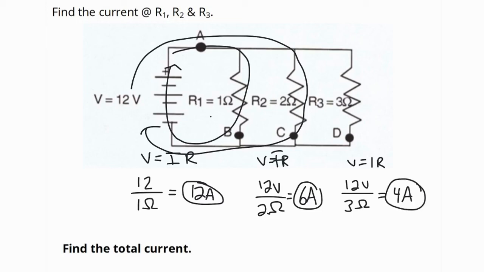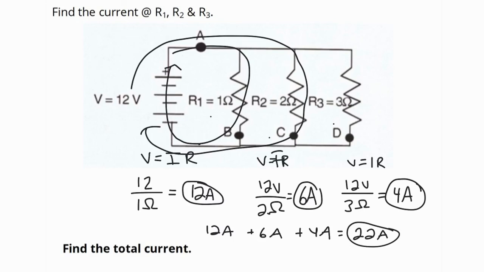If I wanted to find the total current, I can add up the current across each of those resistors, and 12 amps plus 6 amps plus 4 amps would give me 22 amps.